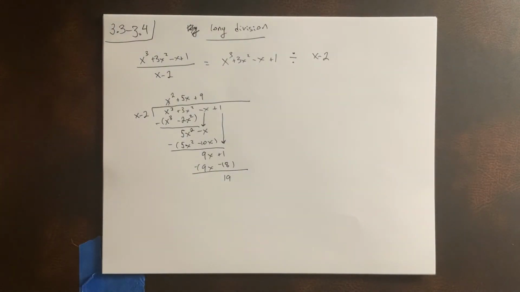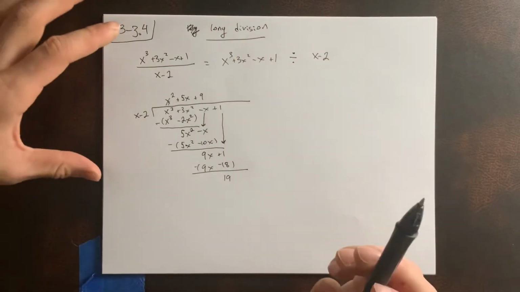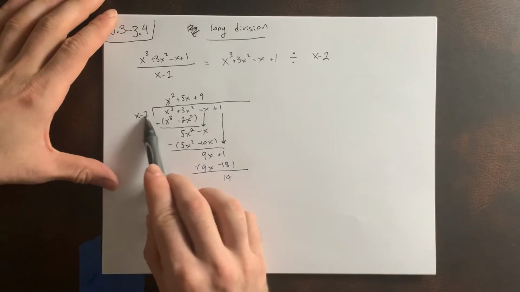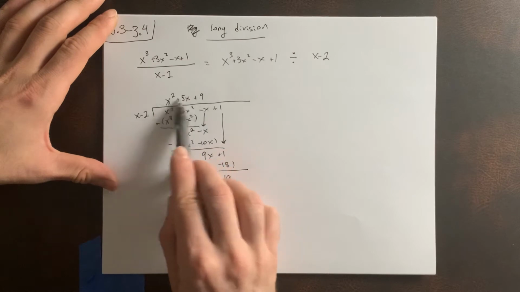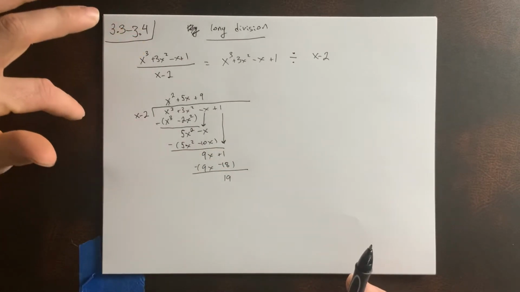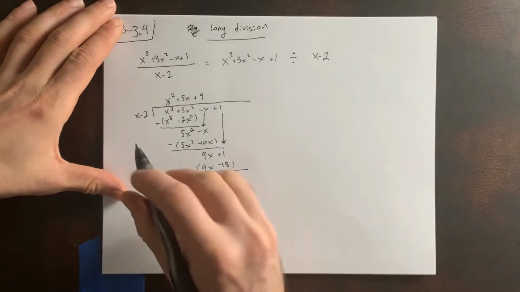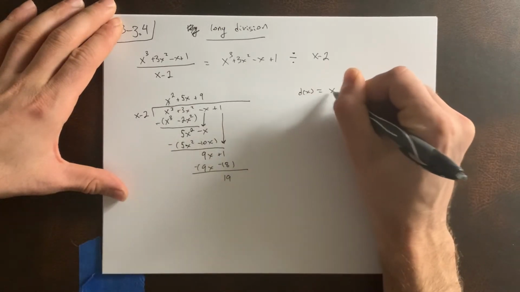The last thing for this problem is to make sense of everything here. There are basically four main components: the thing outside, the thing on the inside, something up top, and something at the very bottom. Each of these means a specific thing. The thing on the outside we call d of x, which is x minus 2.